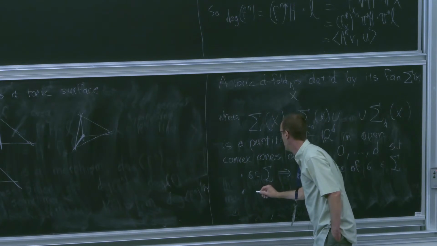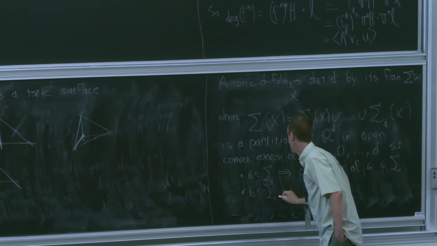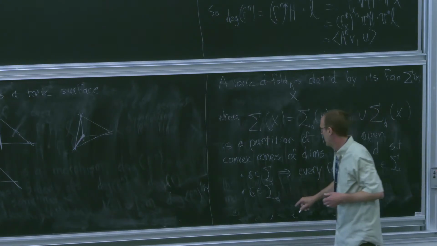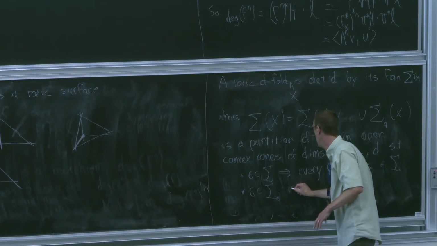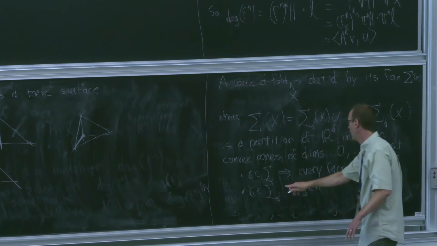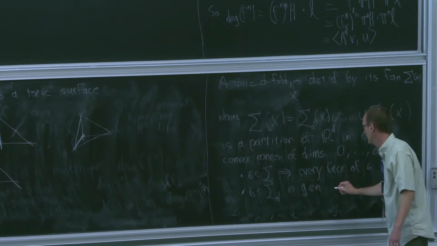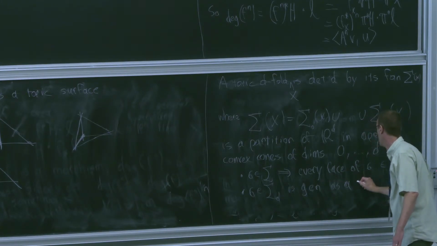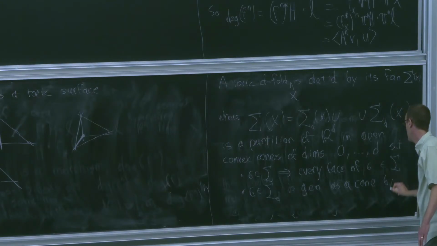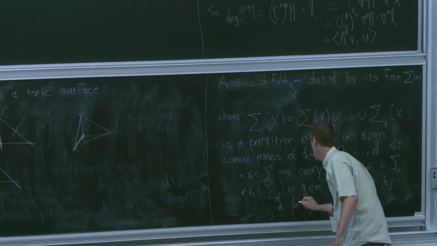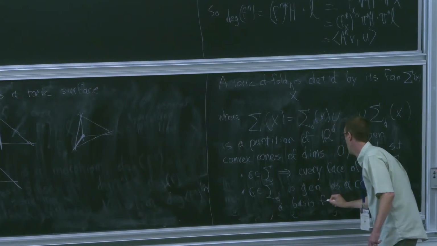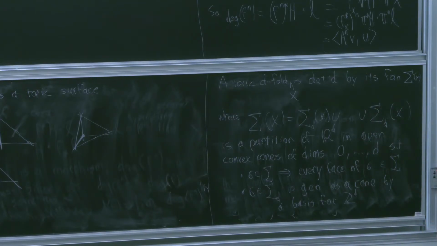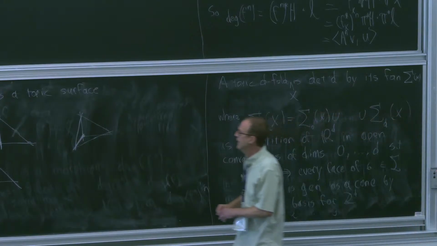And secondly, the top dimensional cones, since I want smooth here, are generated as a cone by a basis for Z^d. Okay, so I think that's more or less enough here.